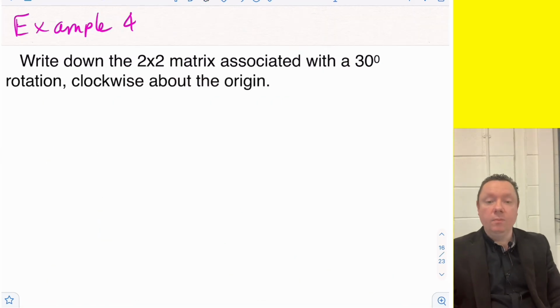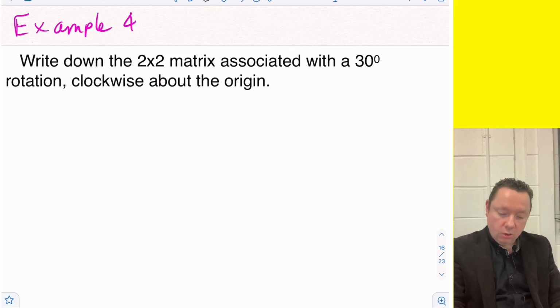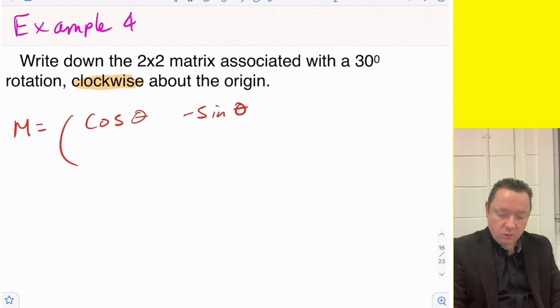Write down the 2 by 2 matrix associated with a 30-degree rotation clockwise about the origin. Clockwise, trying to trick us. Remember, our standard transformation matrix is defined as cos theta, minus sine theta, sine theta, cos theta, but that is defined anti-clockwise.